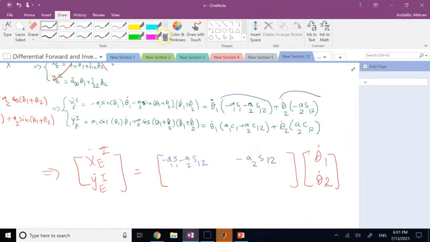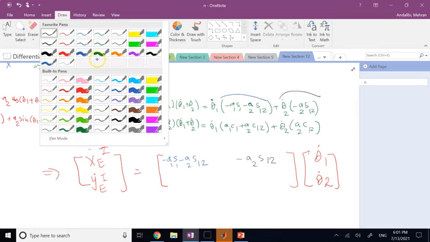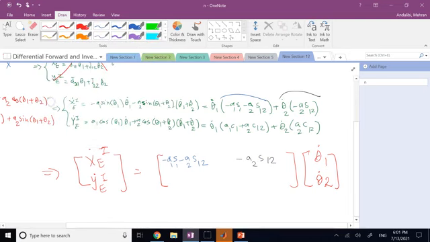The coefficient for theta 1 dot for y dot is this one. So that comes here. And the coefficient for theta 2 dot is this one, which comes here. Done.